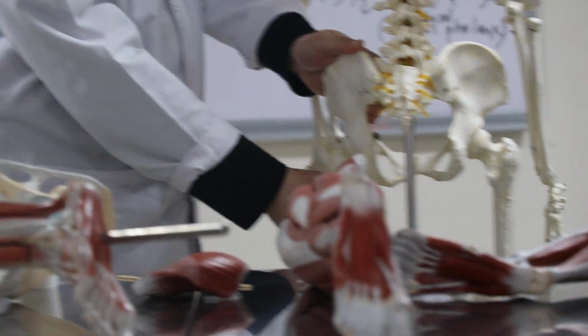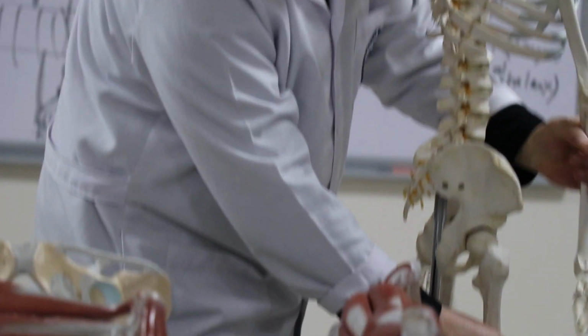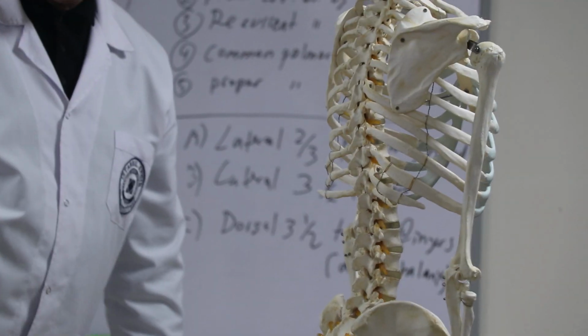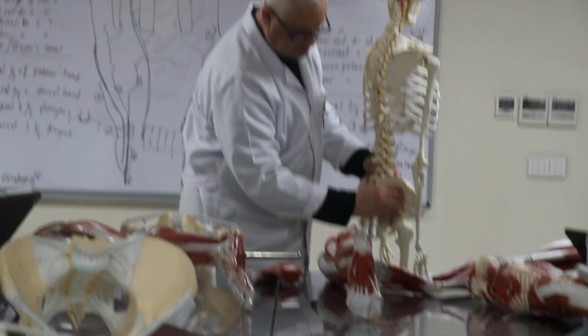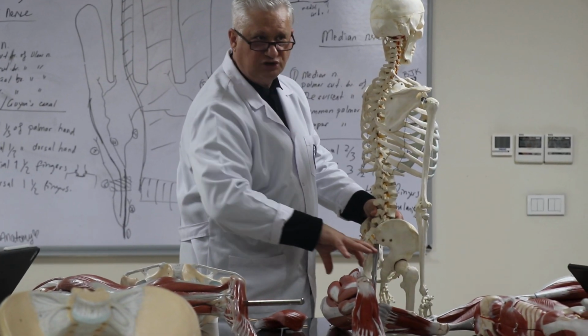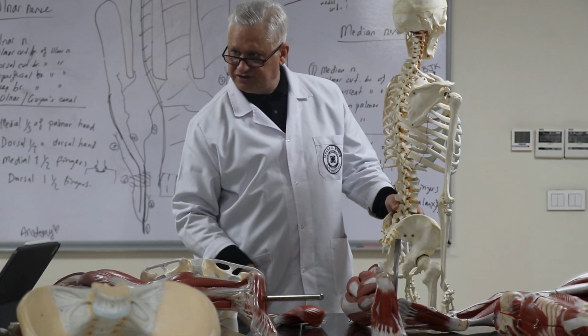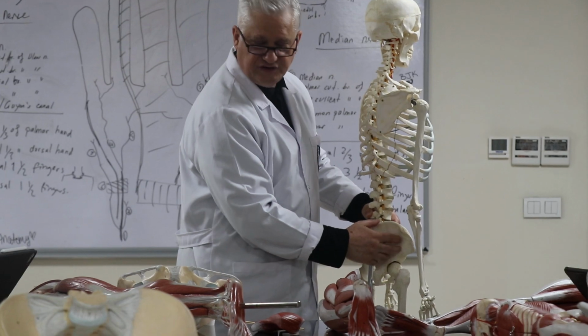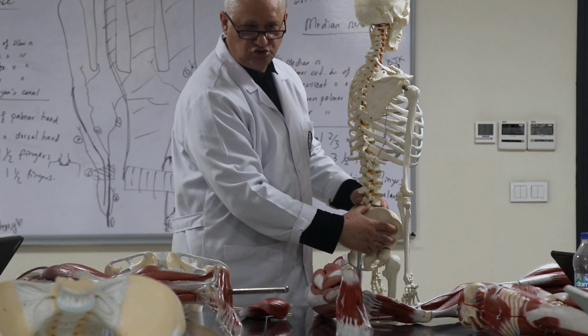They abduct, moving the leg or thigh away from the body, and slightly the lower fibers will also lateral rotate, or externally rotate, the thigh. And the nerve is the superior gluteal nerve.